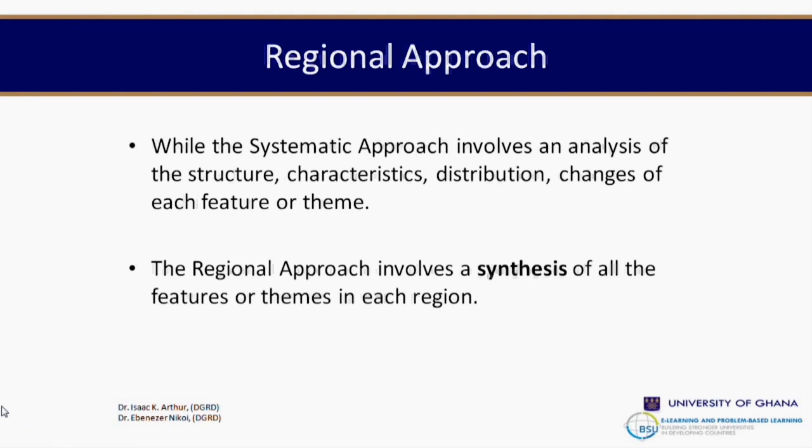So while the systematic approach involves an analysis of the structure, characteristics, and distribution of changes of each feature or theme, the regional approach actually combines the two by way of synthesizing all the features or themes in each region, right?